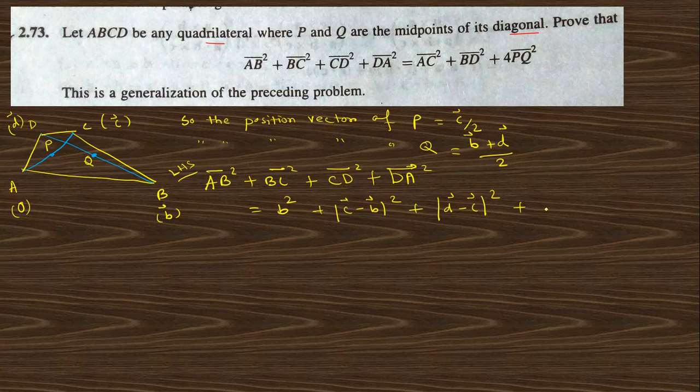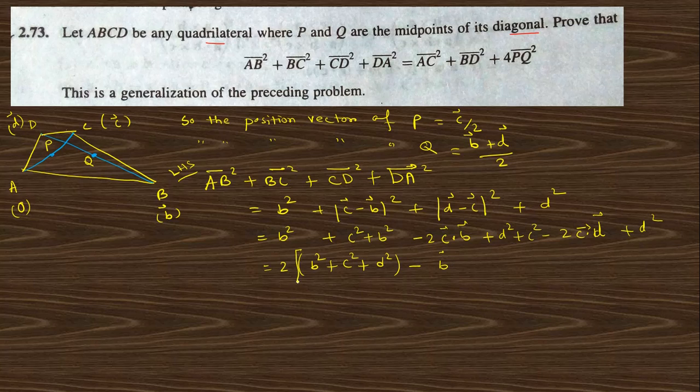DA is the length of d, so this is d squared. So this is b squared plus c squared plus b squared minus 2 c dot b, plus d squared plus c squared minus 2 c dot d, the c vector dot the d vector, plus d squared. So there is 2b squared, 2c squared, 2d squared minus 2 times, taking 2 as a whole, b dot c plus c dot d.